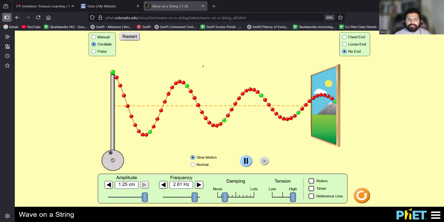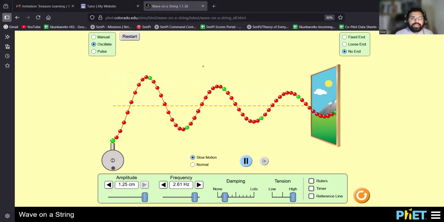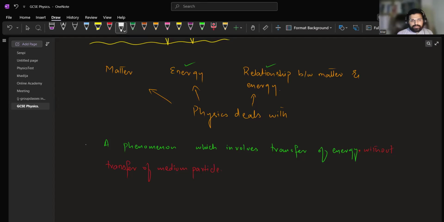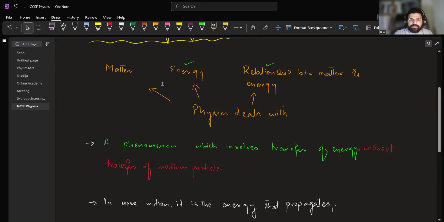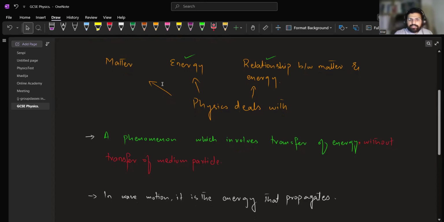So we can say that in wave motion, it is the energy that propagates. The medium particles stay at their position, and the particles of the medium vibrate about their main position.